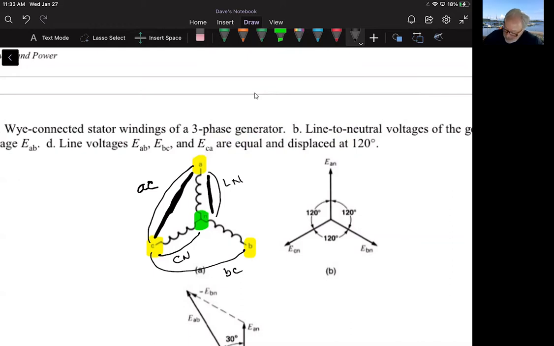With each one of these, we also want to always be able to follow the nomenclature that's used. If I'm looking at a voltage EAN, I'm looking at that voltage from here to here. If I'm looking at this voltage, it's EBN, it's from here to here. ECN, it's from there to there.